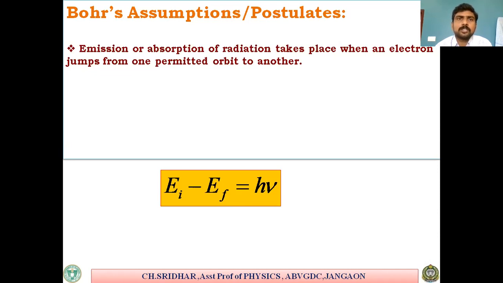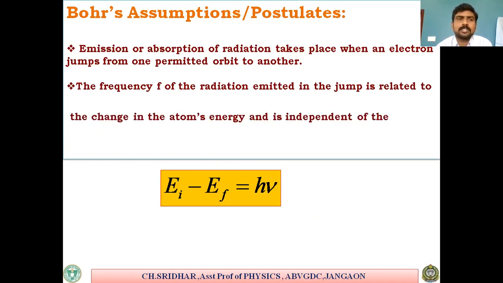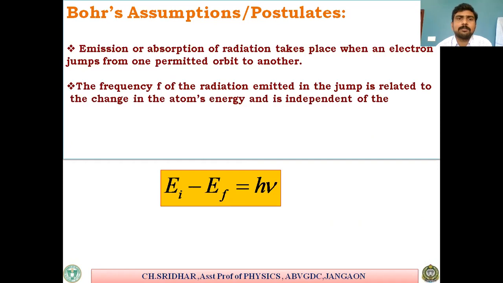When energy is absorbed, it is called absorption. When the electron jumps from a higher state to a lower state, it is called emission. The frequency of the radiation emitted in the jump is related to the change in the atom's energy and is independent of the frequency of the electron's orbital motion.